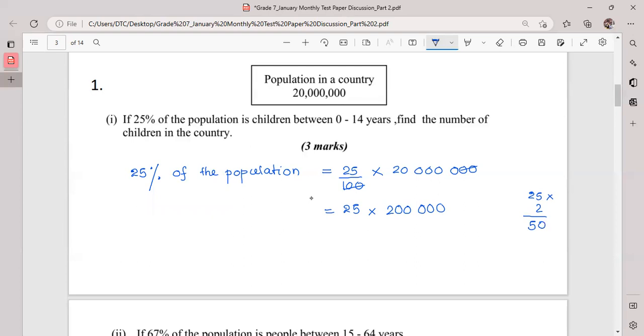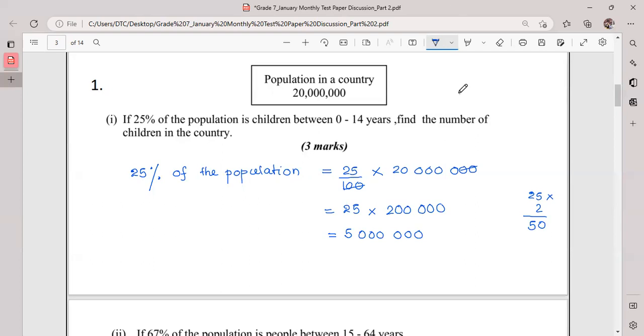And how many zeros should be there? 5 zeros. So altogether it is 6 zeros. So the answer is 5 million children. There are 5 million children in the country. The total population is 20 million and 25% of the population is children, so that means we can find 5 million children in that particular country.